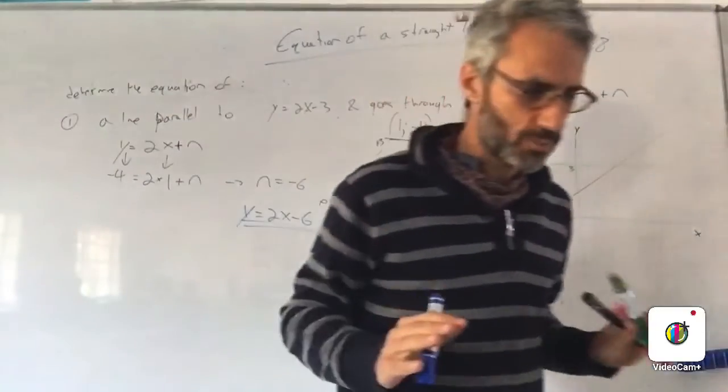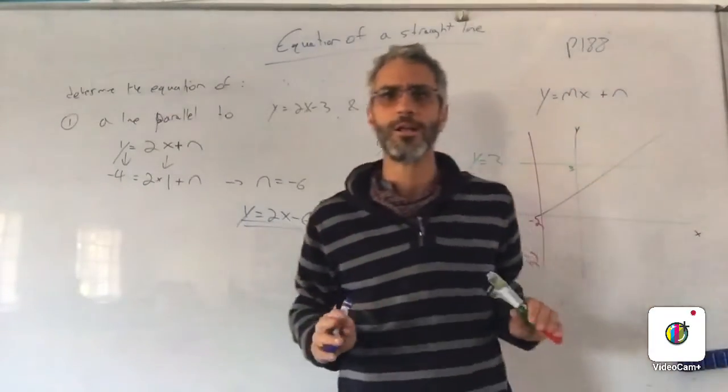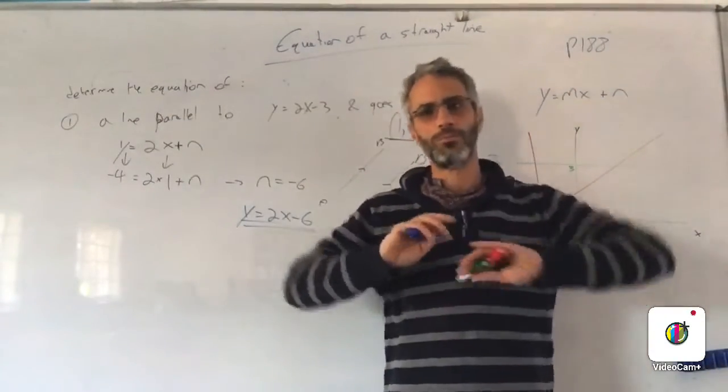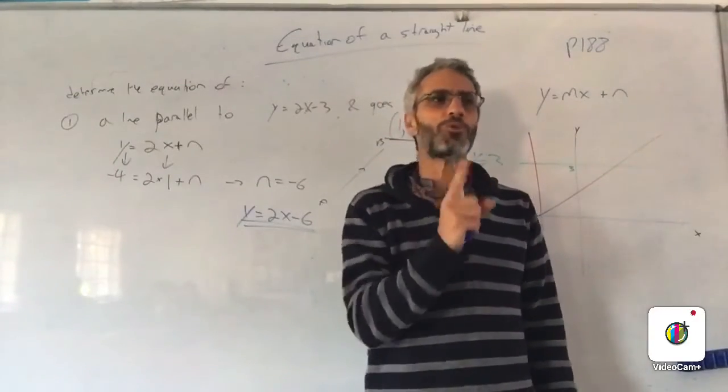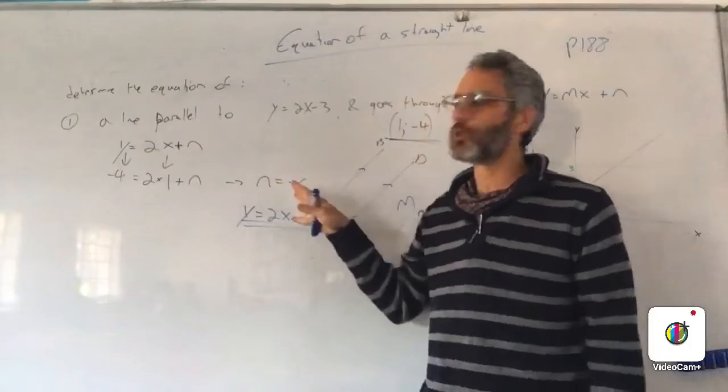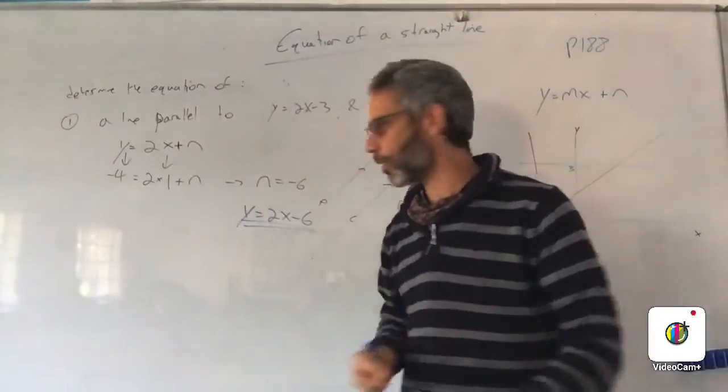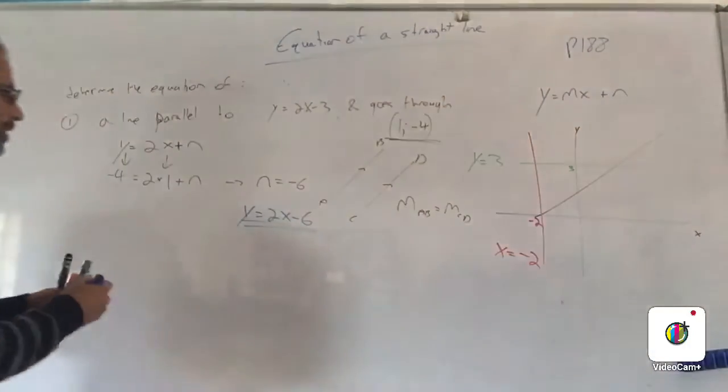Now in the textbook there is a slightly different way, which I personally don't often use. It is quicker, but you need to remember a certain formula. This is just using common sense. So I'm going to show you what the textbook does, and you decide what you want to do.